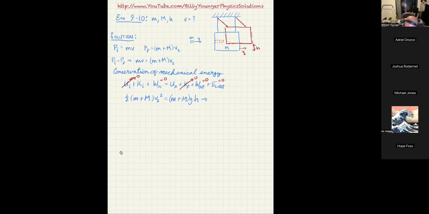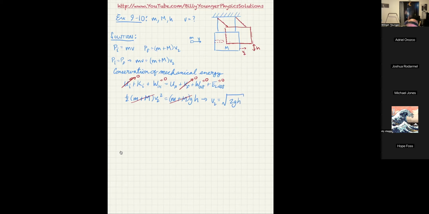So with this we can say that v2 is clearly equal to the positive square root. What we can see right now is the m plus M is common to both sides, so we could divide both sides by m plus M, and that would just give us 1/2 v2 squared equals gh. So v2 squared would be equal to 2gh, and v2 is therefore the square root of 2gh.